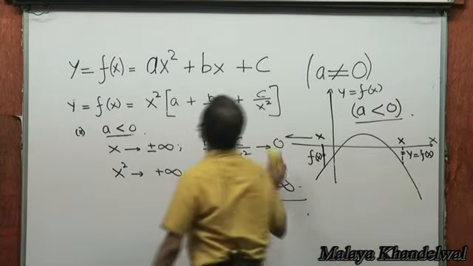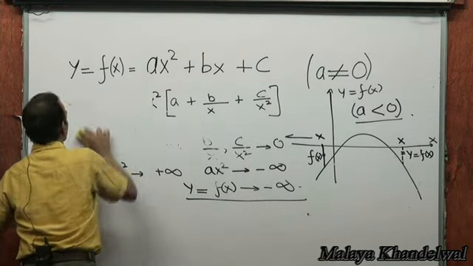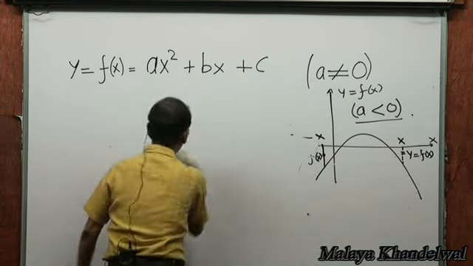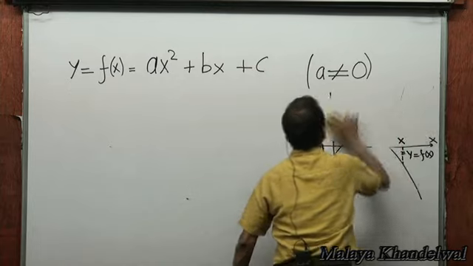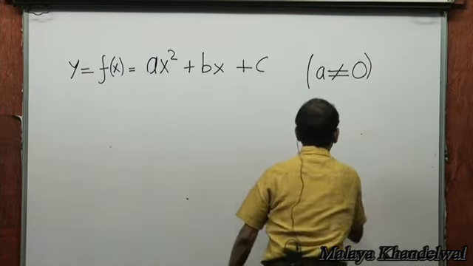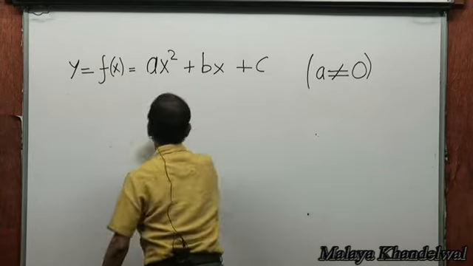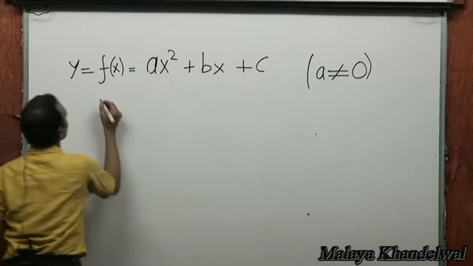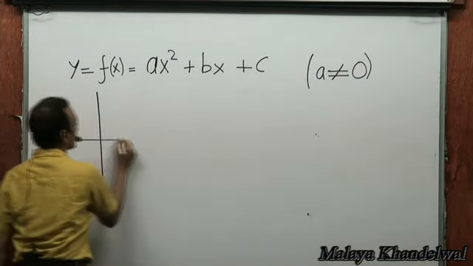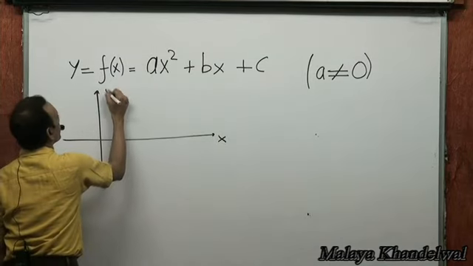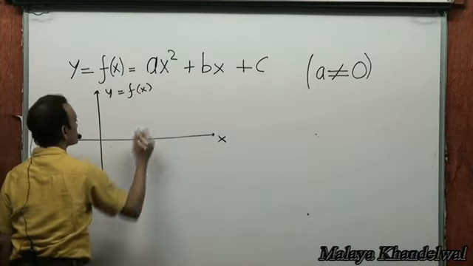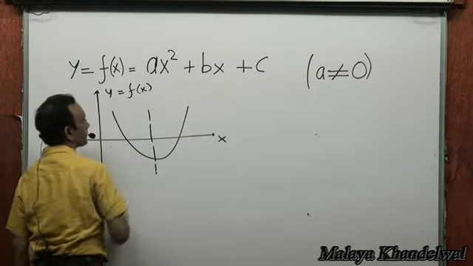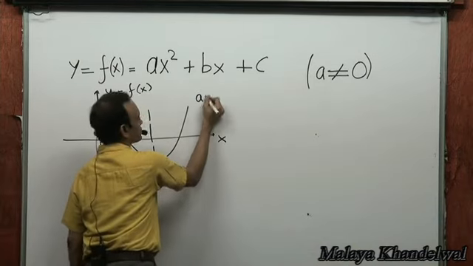Now, f(x) versus x, this is an upward opening parabola, and this is for a positive.